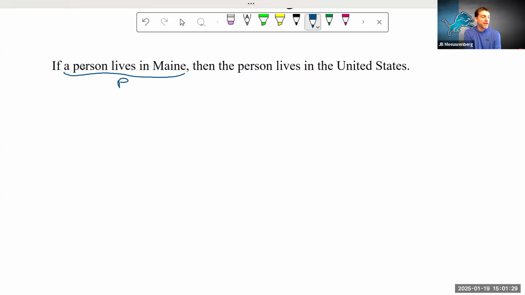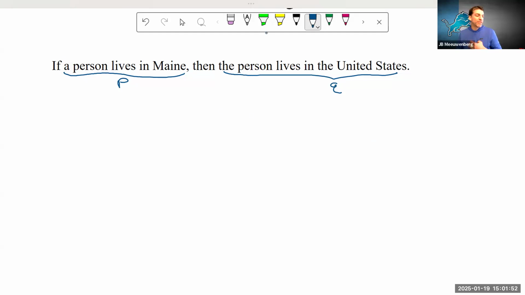A person lives in Maine. If P, the person lives in the United States, that's our original Q. So if a person lives in Maine, then the person lives in the United States. We know that that is true. Maine is a state in the United States. So if someone lives there, then they live in the United States.